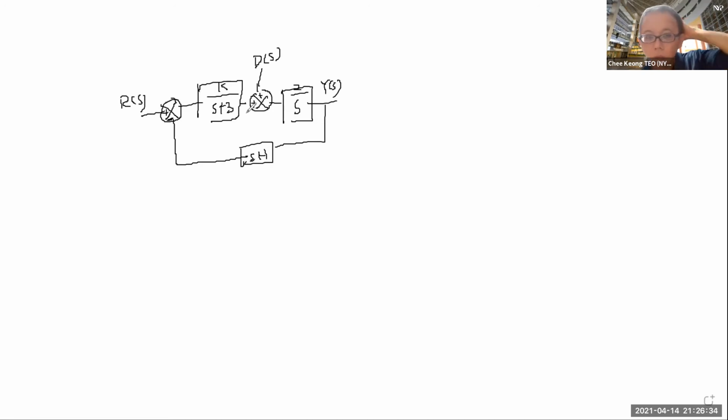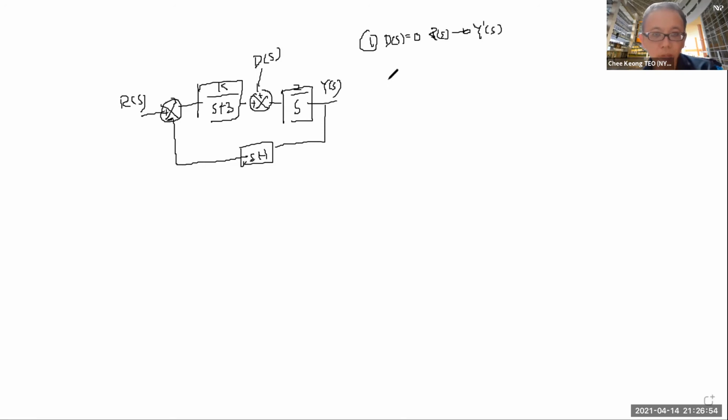Now we first define the situations. In the first situation, we set D(s) equal to 0. Then we consider the effect due to R(s), causing the output, which we call Y prime of s.